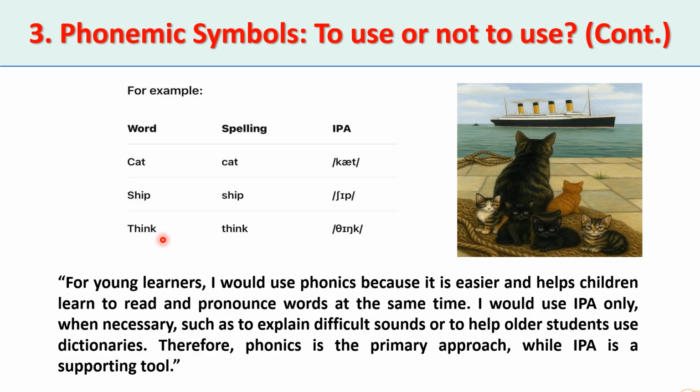And an example like the word sink. Not sink, because the letter N and letter K, if we change to the IPA sound, this is ng. So if we look at the word think, TH, the letter T and letter H, sometimes it's pronounced one way, sometimes another.